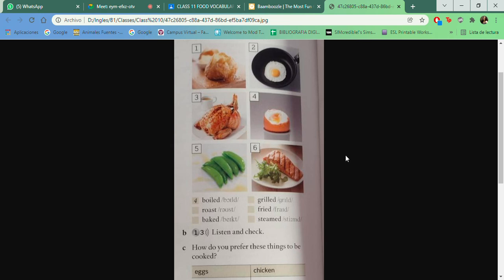Remember, food is uncountable, so you can say kind of food, type of food, etc. I like fried eggs, but I mostly eat boiled eggs. Very good. You mostly eat boiled eggs. Very good. Nadia, what do you prefer? Maybe potatoes? You can talk about potatoes.